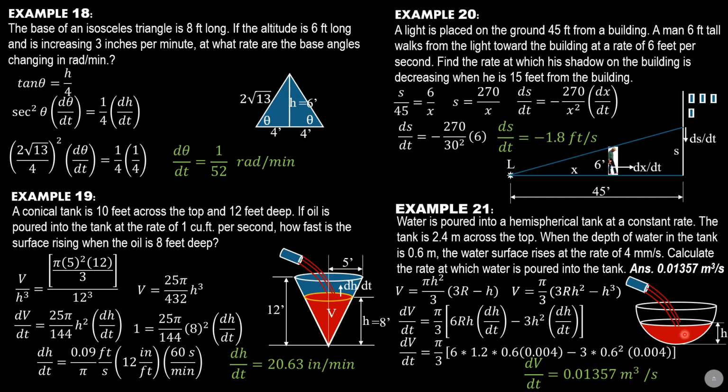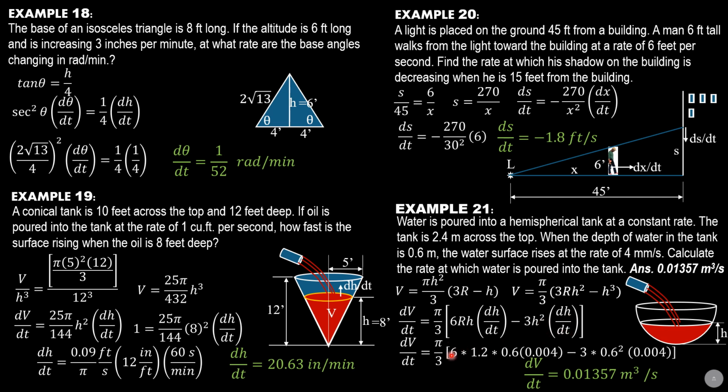So we set up first the volume of the water in the tank in cubic meters. Formula: this is a spherical segment of one base, so pi h squared over 3 quantity 3R minus h. Let's distribute h squared. So pi over 3, 3 big R constant, then h squared minus h cubed. Differentiating the volume with respect to time, constant copy. Then 3R times derivative of h squared, 2h dh/dt, that's 6Rh dh/dt, minus 3h squared dh/dt.